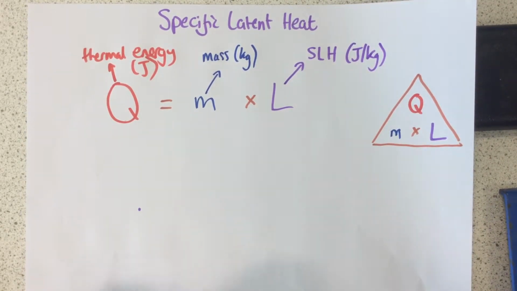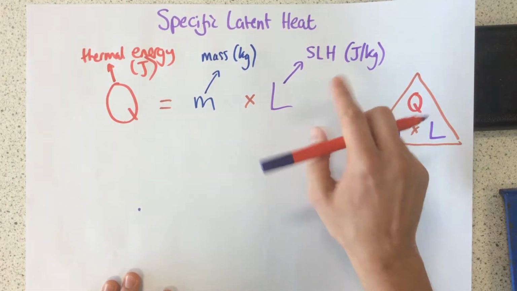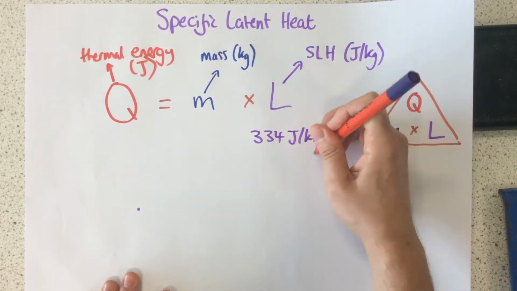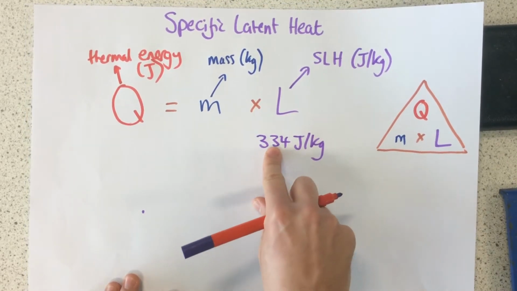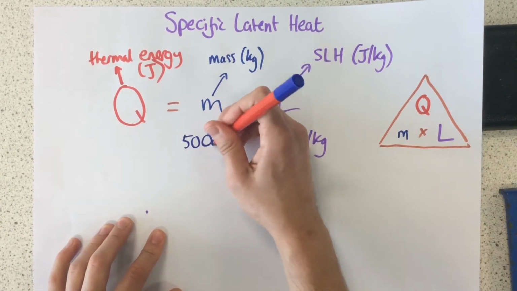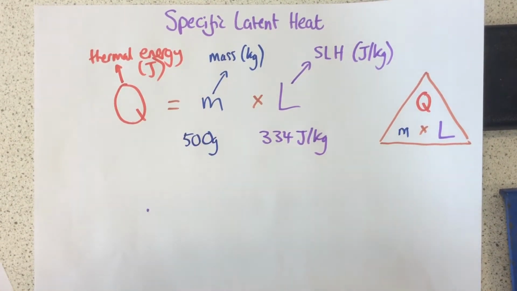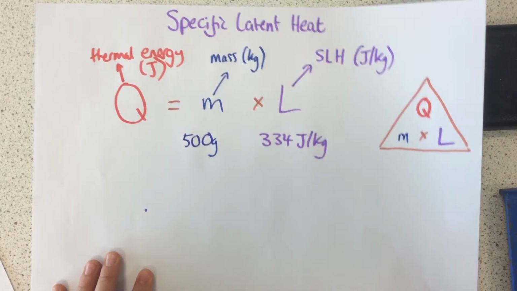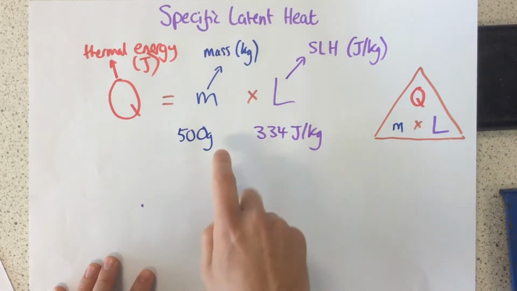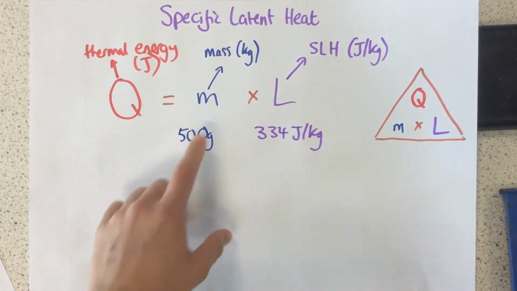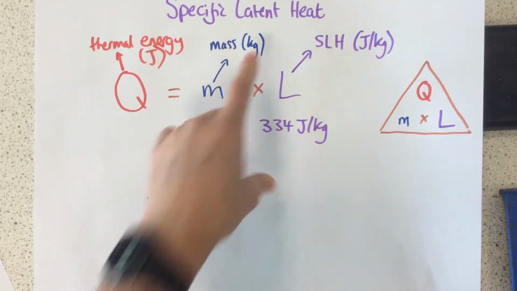So let's just imagine this. Let's say that we're told the specific latent heat for water is 334 joules per kilogram. You don't need to know this number. You'd always be given a specific latent heat. Your question might be, how much thermal energy is required in order to change the state of 500 grams of water? And then you'd be given this value here. So all you'd need to do is use this equation. Now please notice, this is in grams, we need to convert to kilograms.